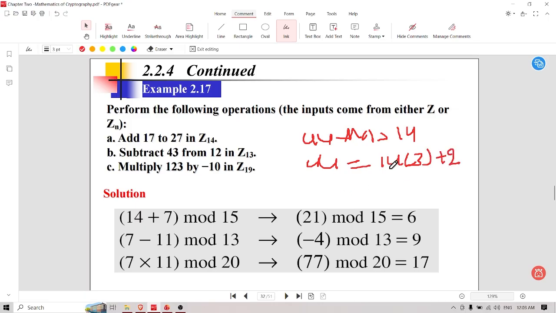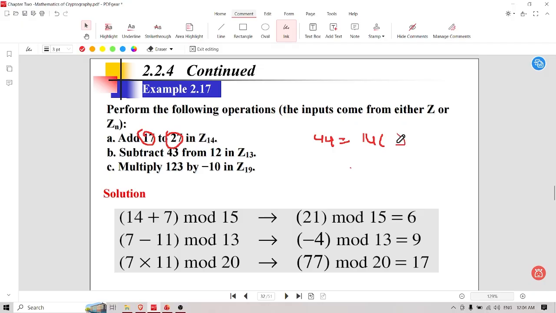So 14, if we did it, I think with this one, we would say 14 multiplied by 3 would be 42, and then 44. Now 44 we will put on this side, and we will use the 14.